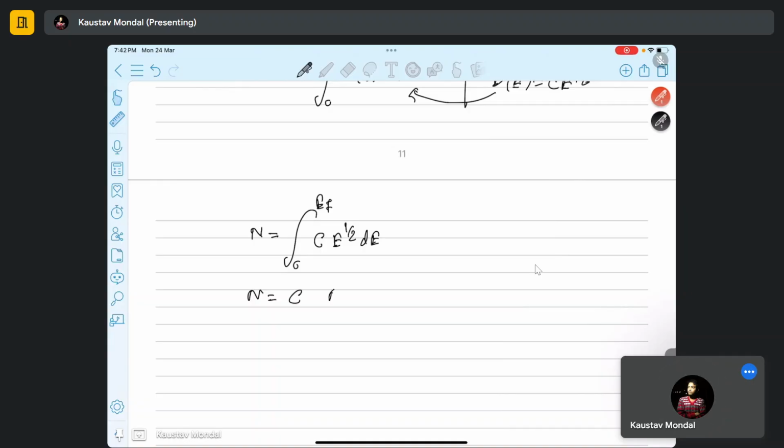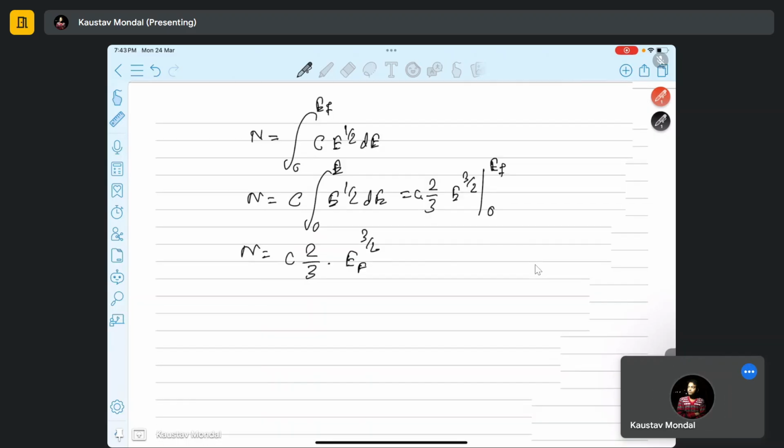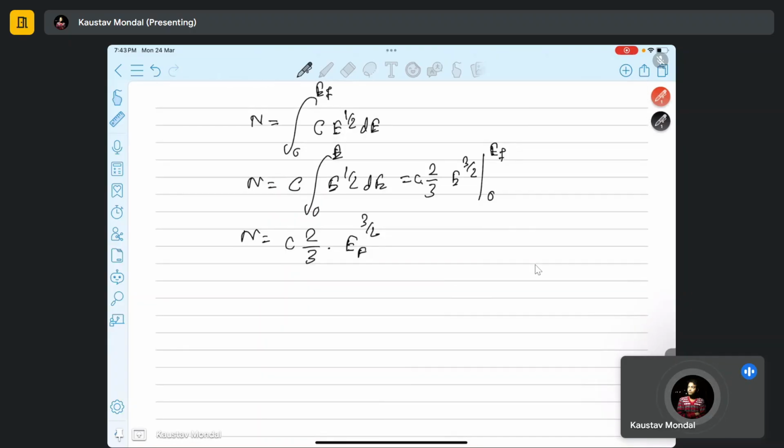C is constant, so you can take it outside, and this gives 2 by 3 C E to the power 3 by 2 from 0 to EF. That gives 2 by 3 C EF to the power 3 by 2. So the expression of the total number of particles is given by this expression.